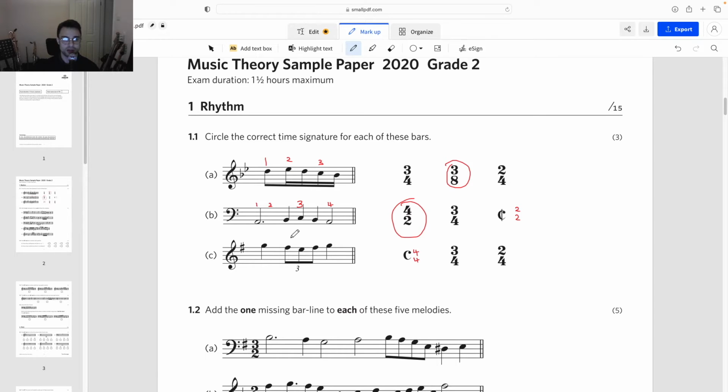And then on either side of this triplet we've got 2 crotchets. So let's count crotchets. 1. Alright, and then this triplet here fits into the second crotchet beat, and then that crotchet there is our third crotchet beat. So that is 3-4, a bar of 3-4.